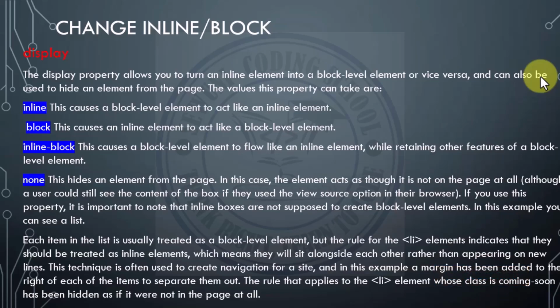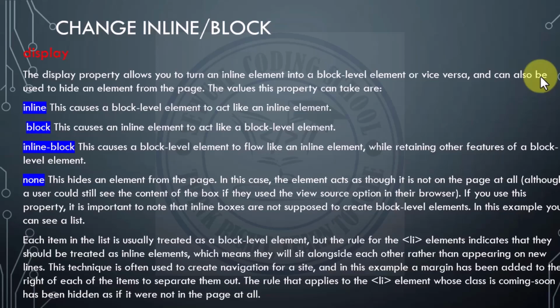This technique is often used to create navigation for a site. In this example, a margin has been added to the right of each of the items to separate them out. The rule that applies to the list element whose class is coming soon has been hidden. So coming soon has been hidden as if it was not on the page at all.